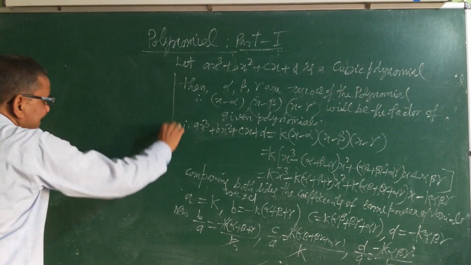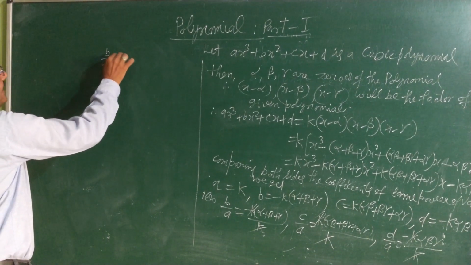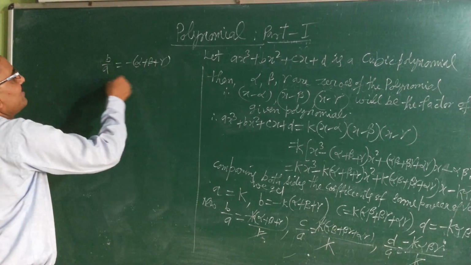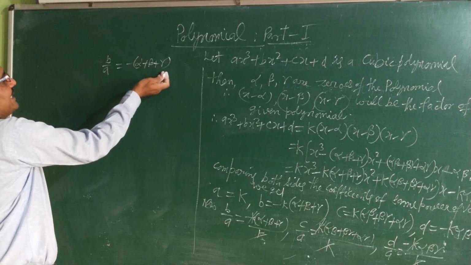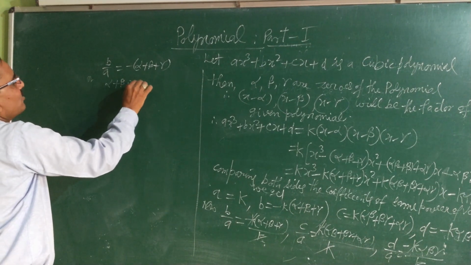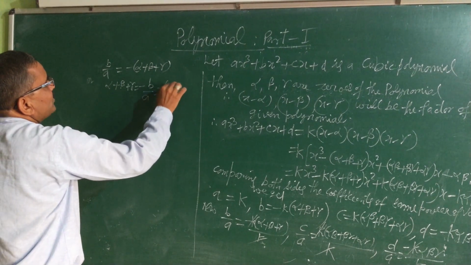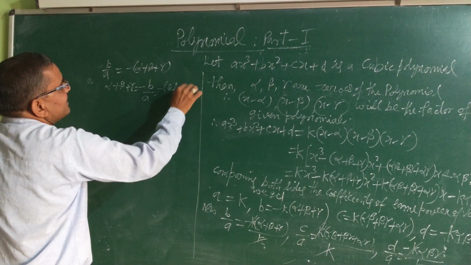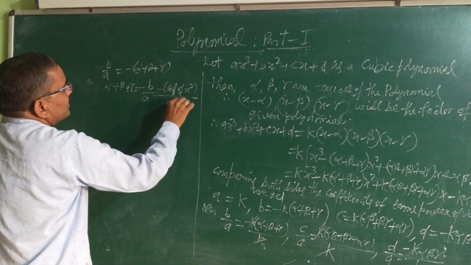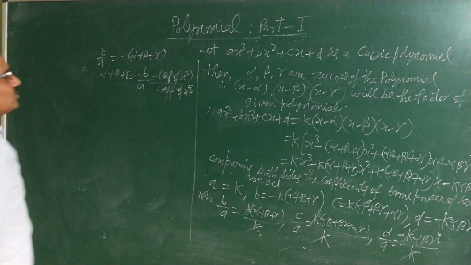Now we can write in the same manner b upon a equal to minus alpha plus beta plus gamma. Multiplying by minus on both sides and taking alpha plus beta plus gamma on the left side, we get alpha plus beta plus gamma is equal to minus b upon a, that is minus coefficient of x square upon coefficient of x cube.